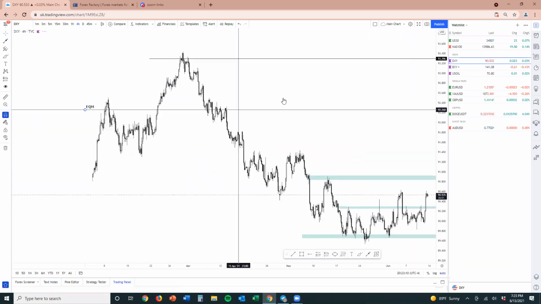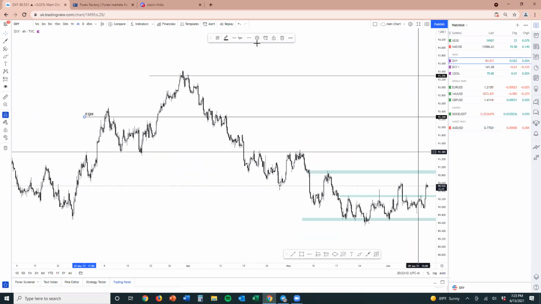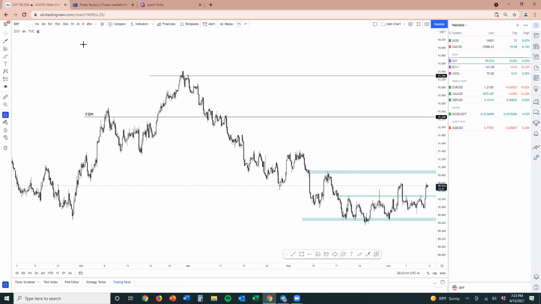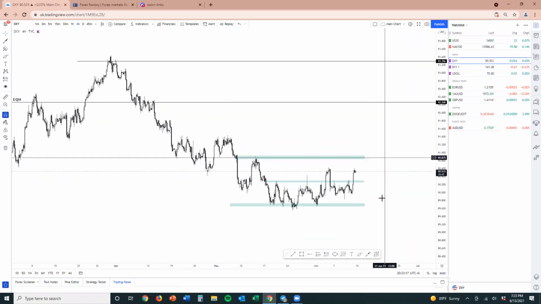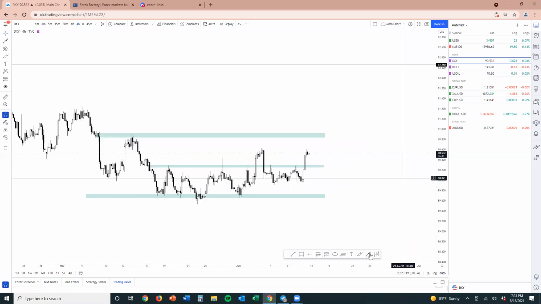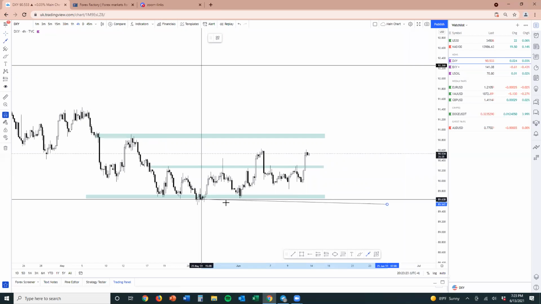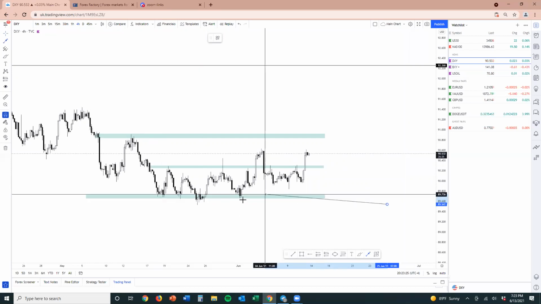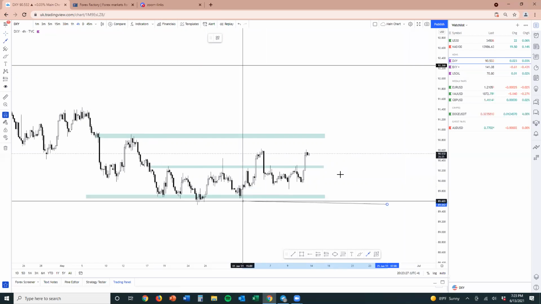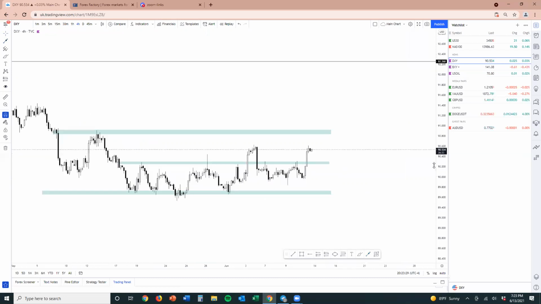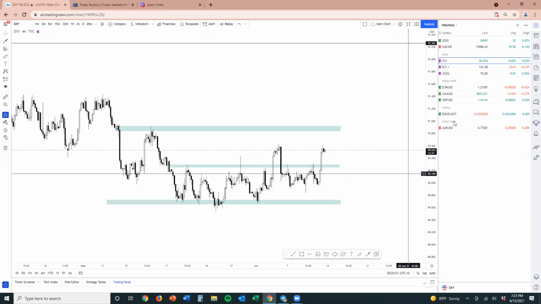So, all right, if we come over to the DXY again, we can see we have bottomed out completely. We have this liquidity zone that we have held perfectly, and an order block that we have traded off of. Our fundamentals these past weeks have been trying to come out positive for the dollar.